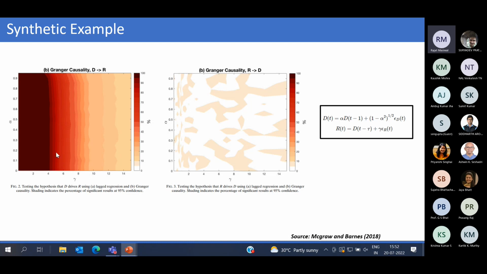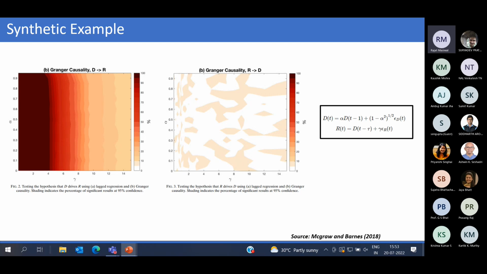Here they find that in the first case, when you are going in the right direction, the Granger causality test passes for most of the values of alpha and gamma, where gamma is the noise in the response function, showing that yes, D does indeed cause R.